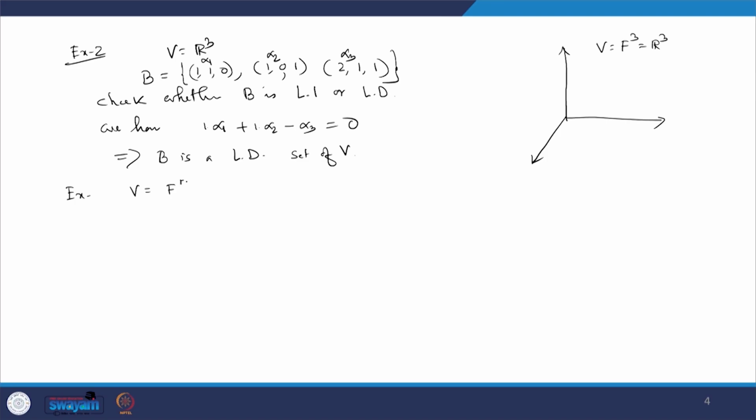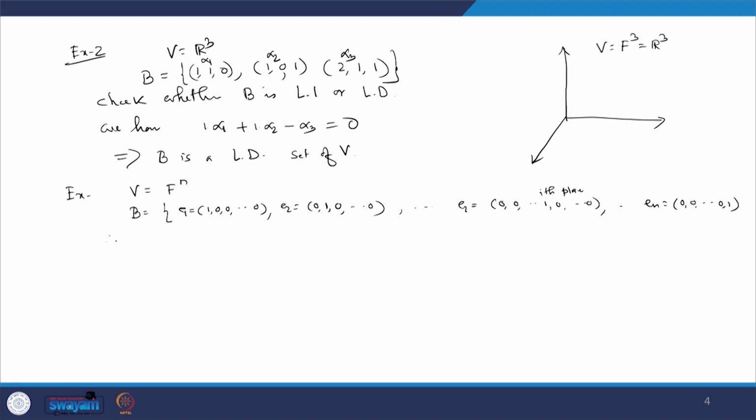Instead of R3, if I consider V equal to the space of all n-tuples, Fn, and if I consider B equal to the set of all elements like E1 equal to (1, 0, 0, ...), E2 equal to (0, 1, 0, 0, ...), and Ei equal to (0, 0, ..., 1 at the ith place, ..., 0) and similarly En equal to (0, 0, 0, ..., 1).